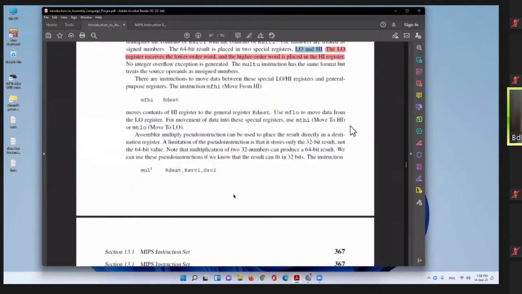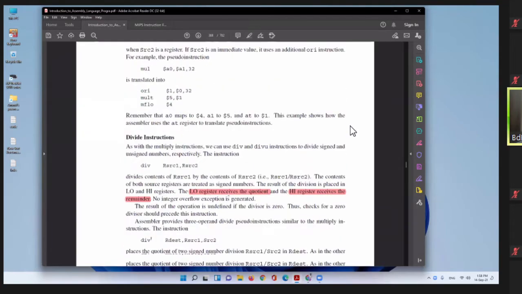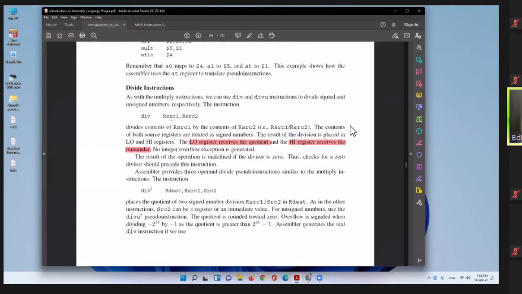Same way we do the division here as well. Division: source 1 and source 2. We consider that source 1 is the dividend, which number you are actually dividing, and source 2 is the divisor, by which number you are dividing.